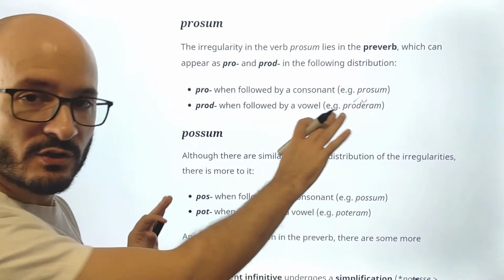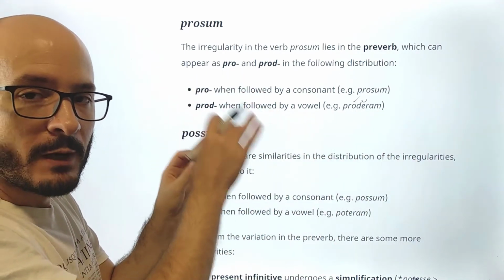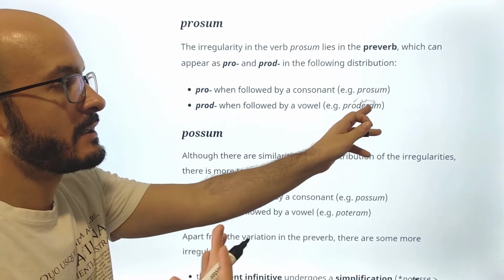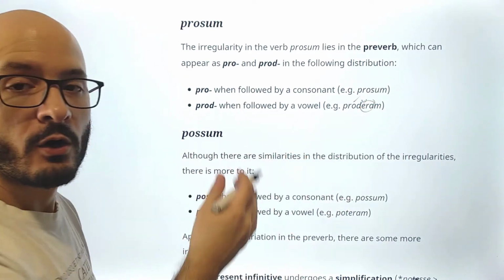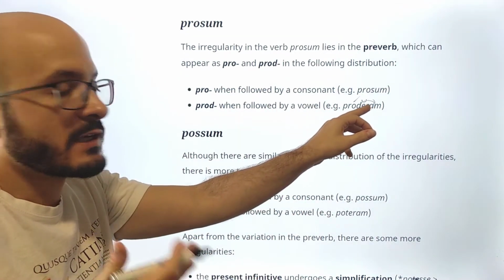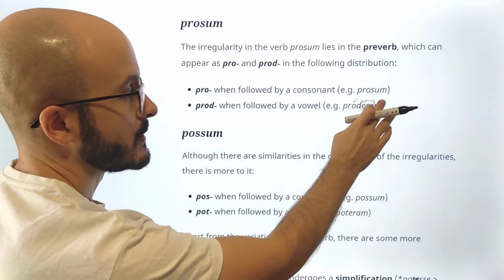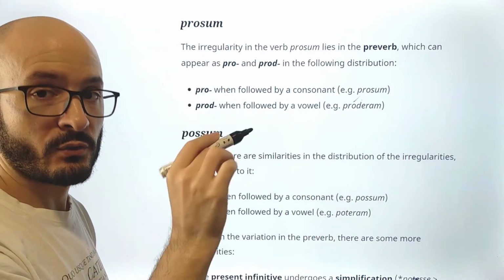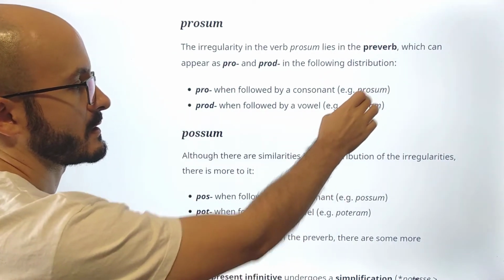If we find this verb, just like this, proderam, and we don't know that it is a compound of the verb sum, we would say, okay, so we find this morpheme, what seems to be the morpheme of the pluperfect, and we would say this is the pluperfect of some verb proto or whatever. But no, it is not pluperfect. It is eram, so it is imperfect. Okay, so you have to pay attention to that because it's kind of tricky.